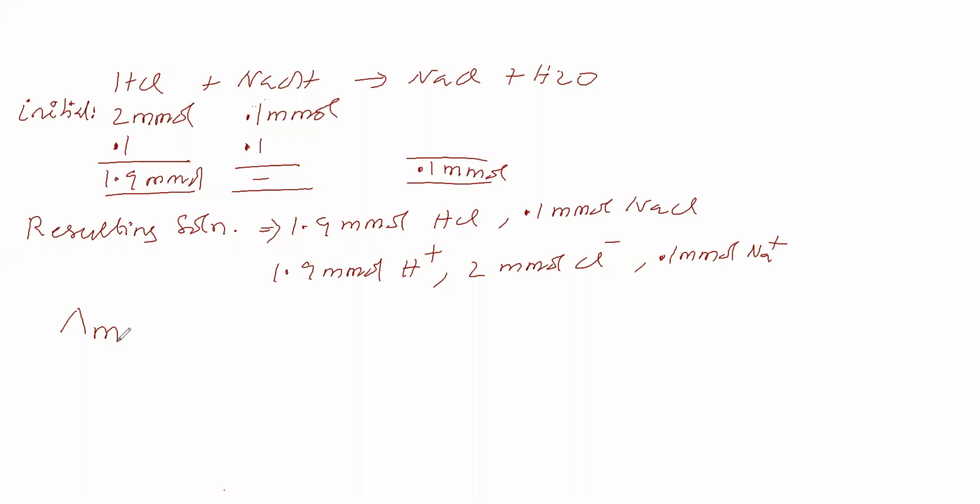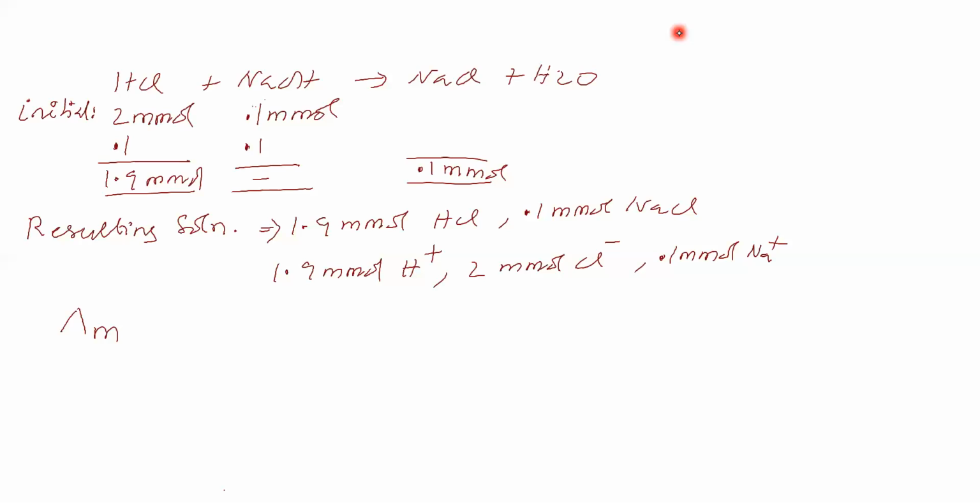Because total millimoles of cations and total millimoles of anions remain the same before and after adding sodium hydroxide. Now, how will the molar conductivity be? Will it remain the same or different?